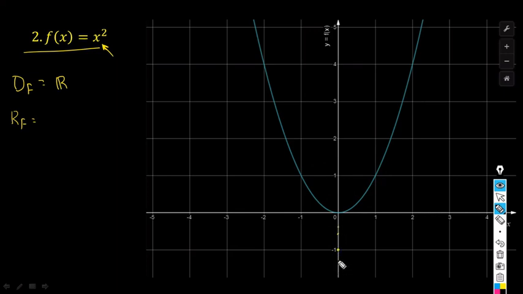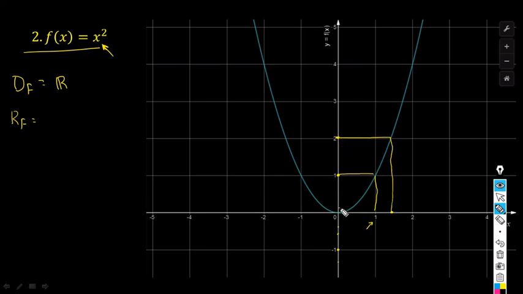But for example, 1 is being swept by the graph. Why? Because for some input, we have that 1 is an output. So we say that 1 is being swept by the graph of the function. So is 2, because for some input, which is more or less over here, we get that the output is in fact 2, as you can see, and so on.